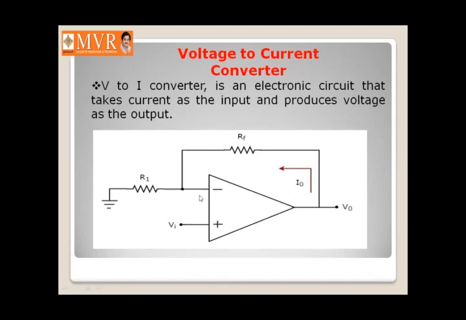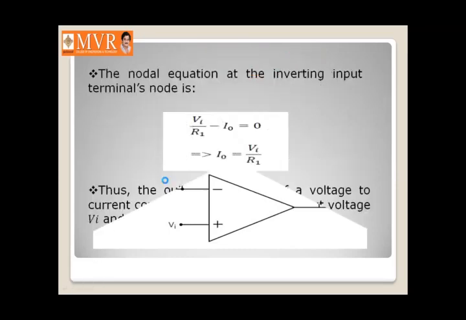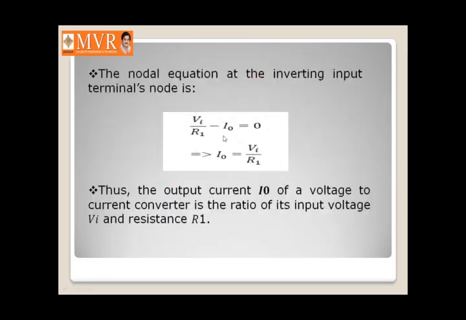So the nodal equation will be Vi by R1, since going this side it is 0, simply Vi by R1 minus I naught. So why have we taken minus here?